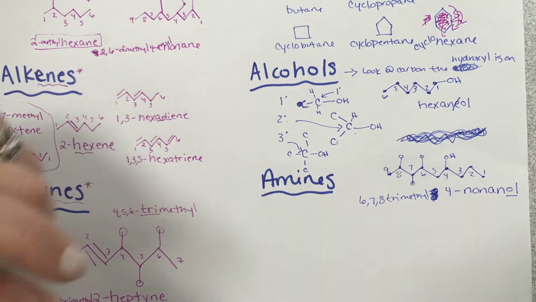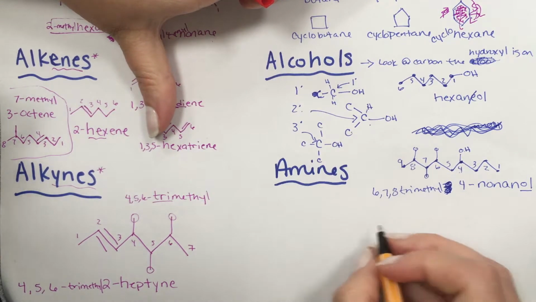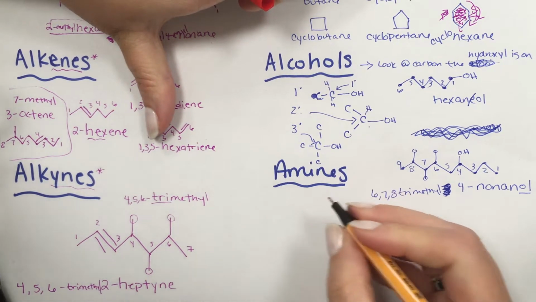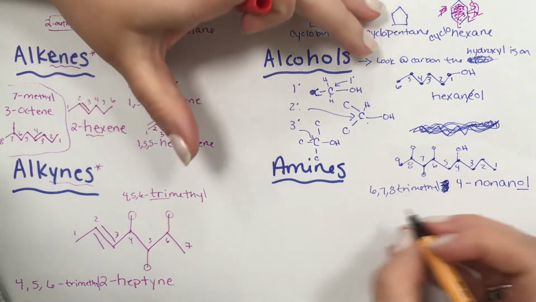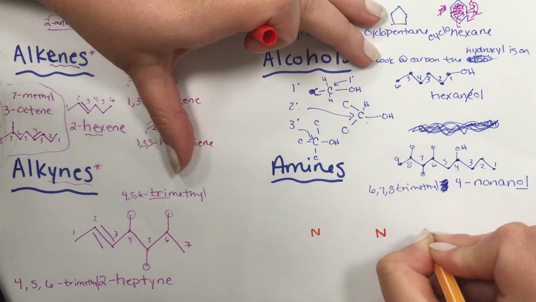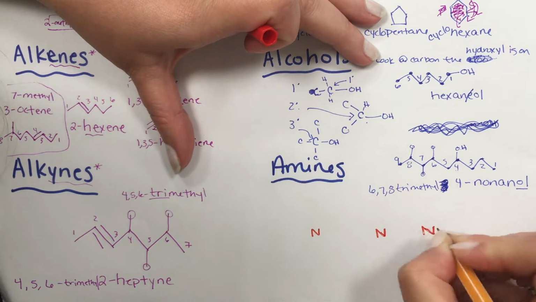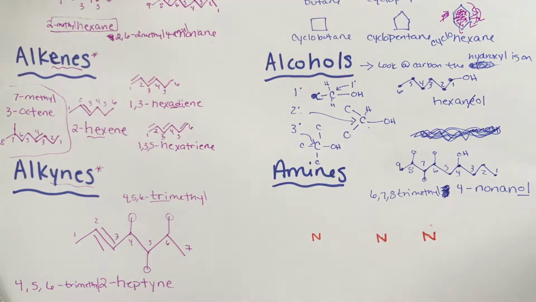So with alcohols, you're looking at the carbons to determine if it's primary, secondary, or tertiary. Now, why I'm stressing that is with amines, you're looking at nitrogen. If you remember in biology, amino acids, amine just means that it contains nitrogen. So we're looking at naming amines, and there are only 3 amines I'm going to possibly ask you about on the test. I'm not going to have you name all possibilities.